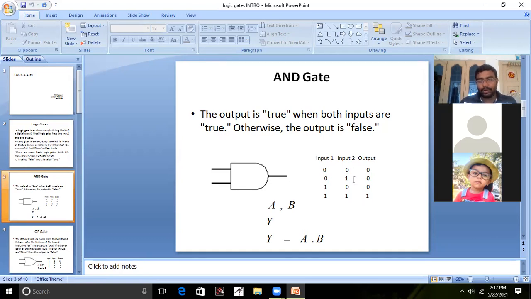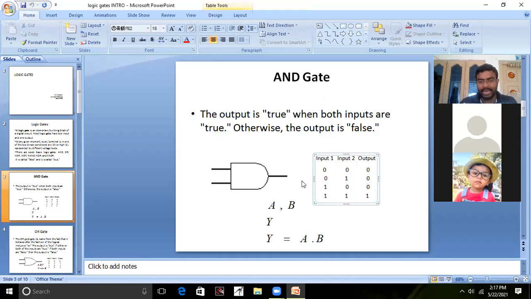Also guys, when I'm explaining logic gates and their truth tables, the terminology I will use is based on the inputs. Whenever my two inputs A and B are high, then only my output Y is high for the AND gate. Look here. High means it should be 1.